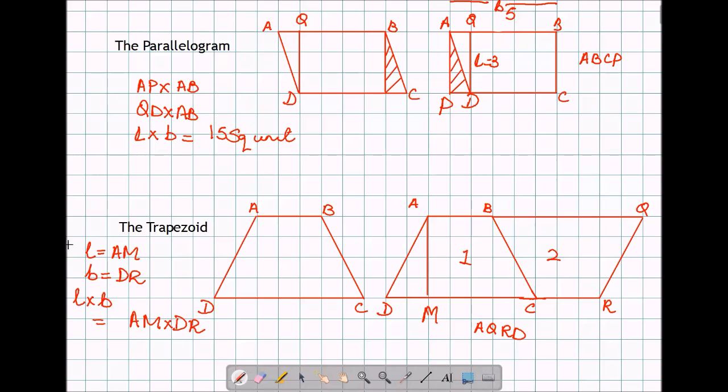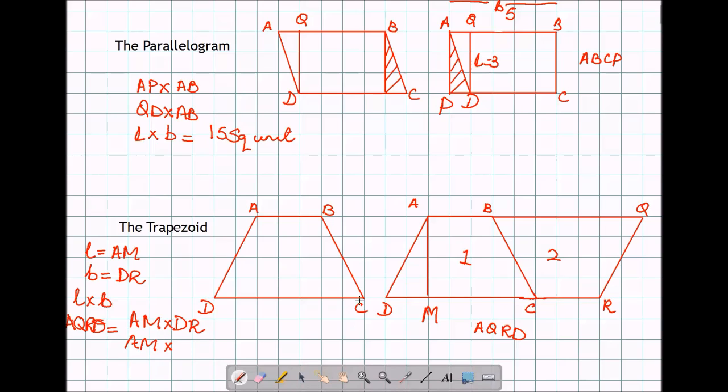So this would be the area of the parallelogram AQRD. Now AM, let's keep it as AM.